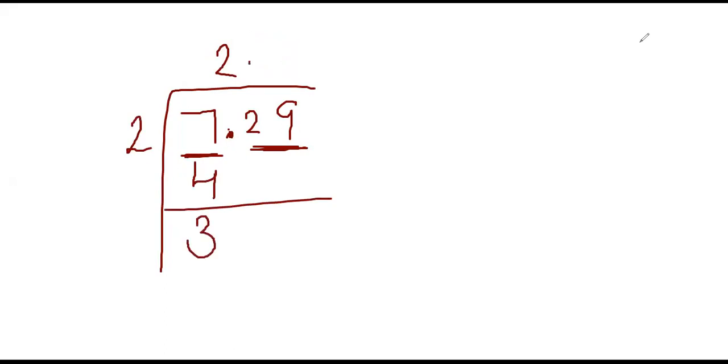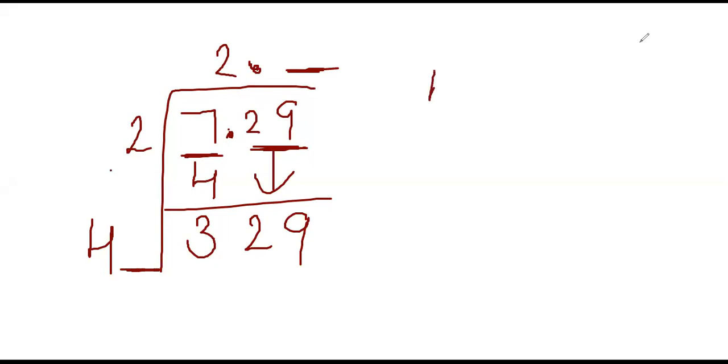Now there is a decimal, so we'll put the decimal in the quotient. Then we'll take down 29. 2 plus 2, 4. Now again this number and this number should be same, right? Let's check it.